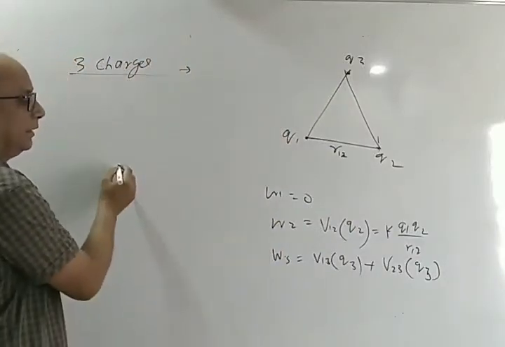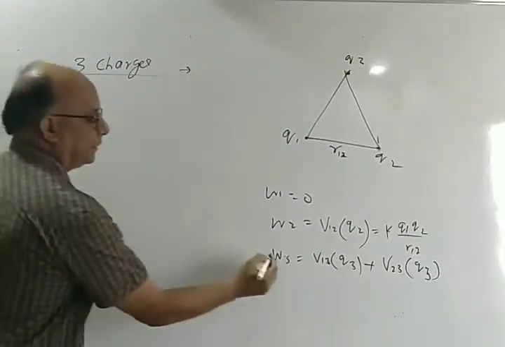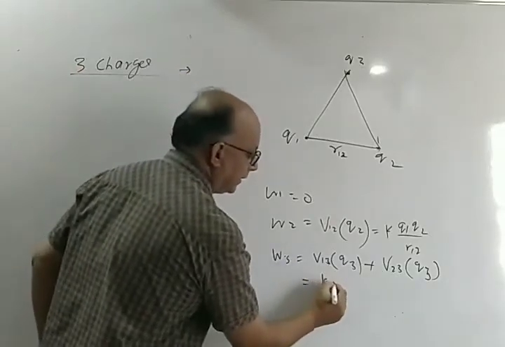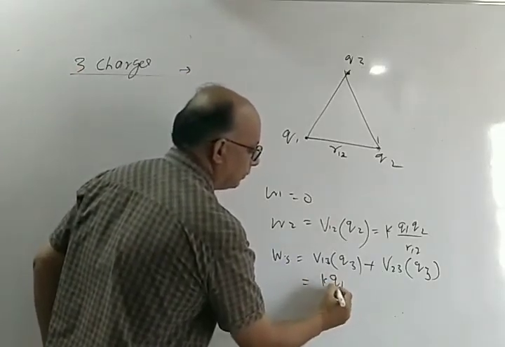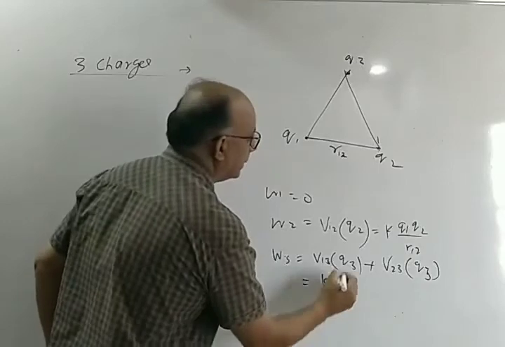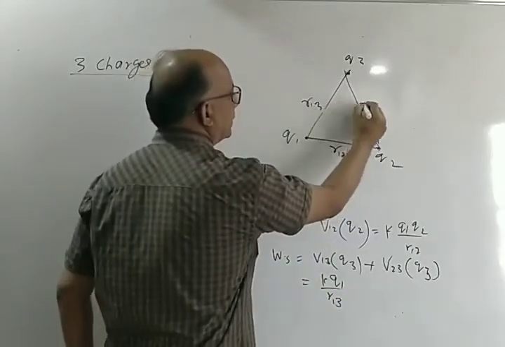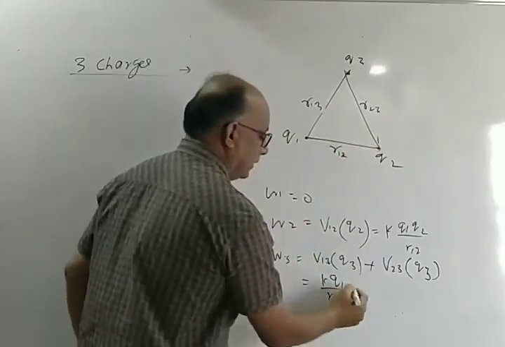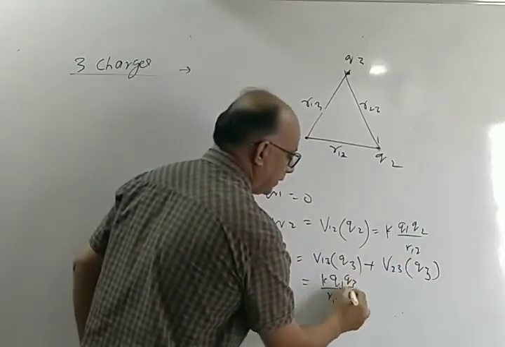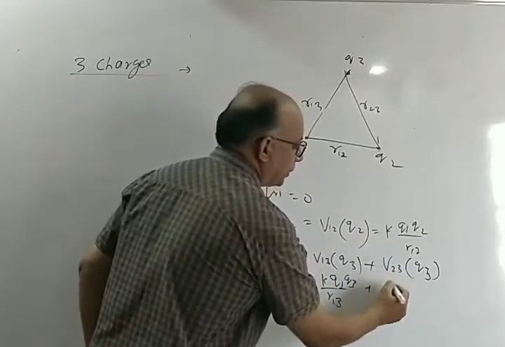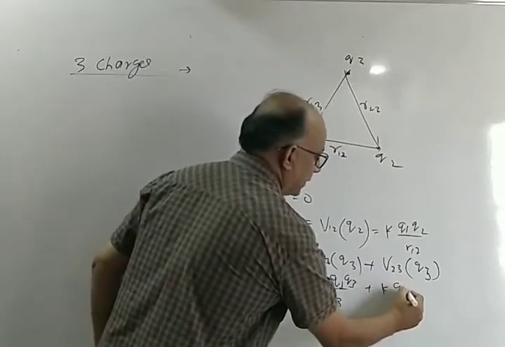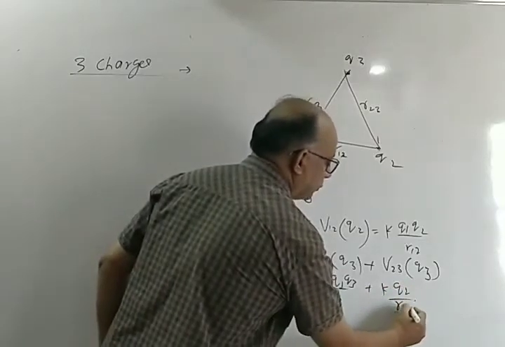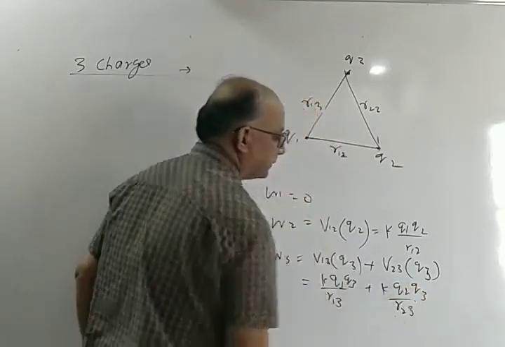Now V13 is K Q1 upon R13, and V23 is K Q2 upon R23, each into Q3.